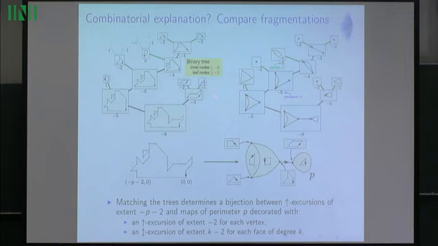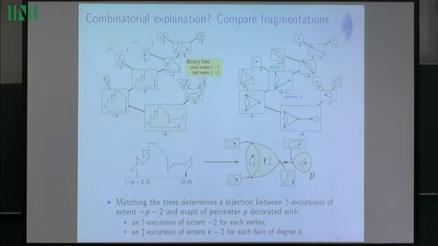But then, on this side, if I know all the labels on the leaves and I know the structure of the tree, then that completely determines my map. Well, on this side, I still have these walks sitting on the leaves. And they correspond exactly to the vertices and faces of my map. So to make this into a bijection, I really have some decoration on the faces and vertices of the map.